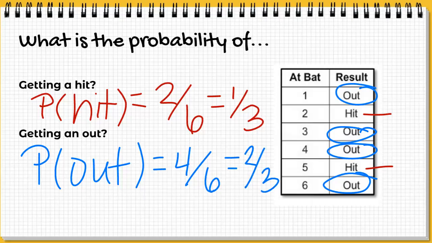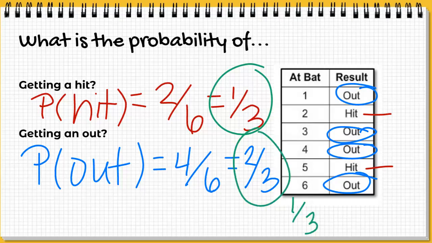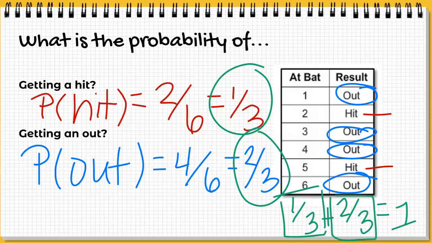And I want us to take a look at the probability of getting a hit and the probability of getting an out or not getting a hit. When you add them up, they add to 1 whole. Because this is the probability of an event happening plus the probability of the event not happening. And it should always equal 1.